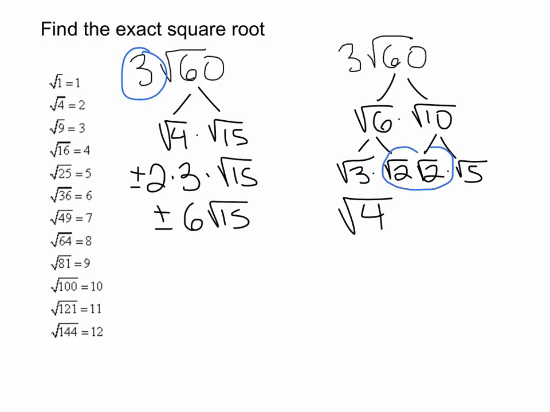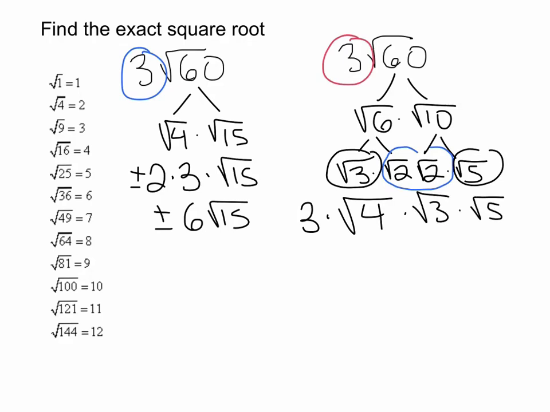I have 3 outside the radical. So I'm going to have 3 times the square root of 4. And I have square root of 3 times square root of 5. So I'm going to multiply by the square root of 3 times the square root of 5. The square root of 4 gives me positive and negative 2 times 3.